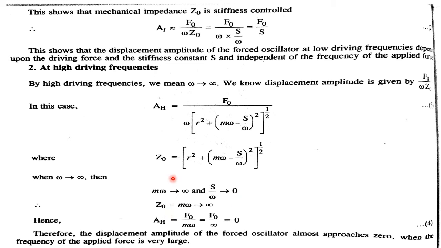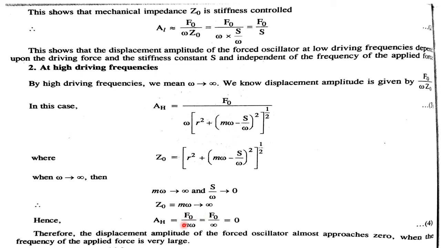Which proves that the value of z naught basically comes out to be equal to only m omega. See here, the value of amplitude at high frequency will be only f naught upon m omega, because m omega will be surviving over here.